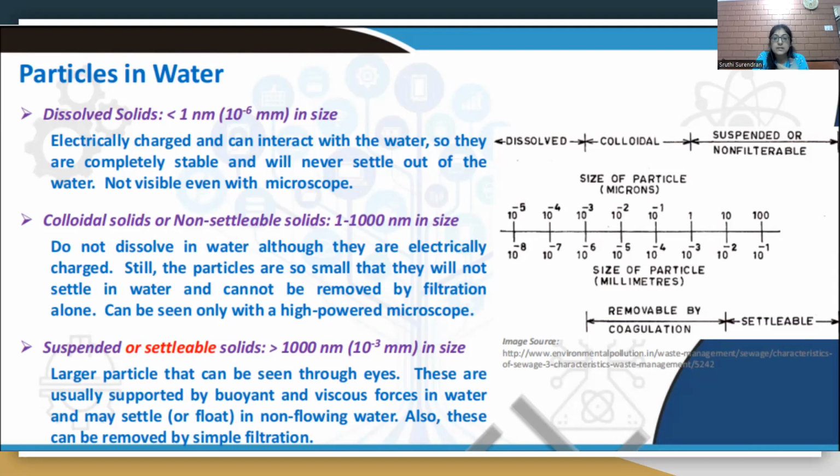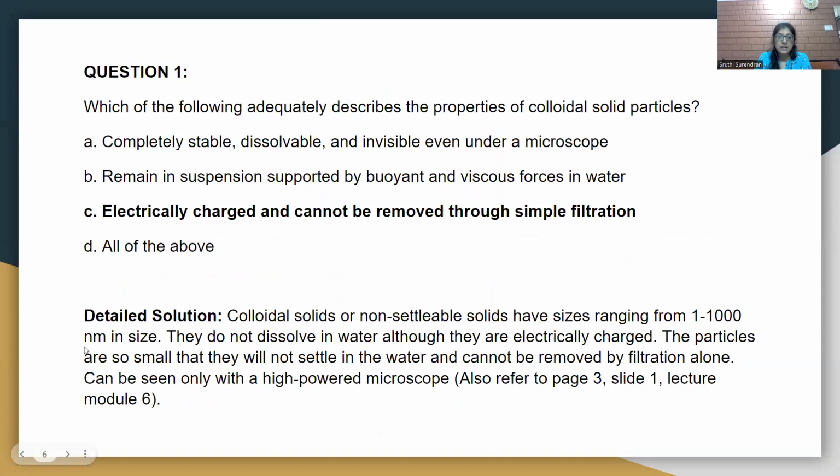The colloidal particles, since they are electrically charged, are difficult to settle down. So the answer for this question is option 3, electrically charged and which cannot be removed through simple filtration. The first option would be the answer for dissolved solids. The second would be the answer for suspended or settleable solids.